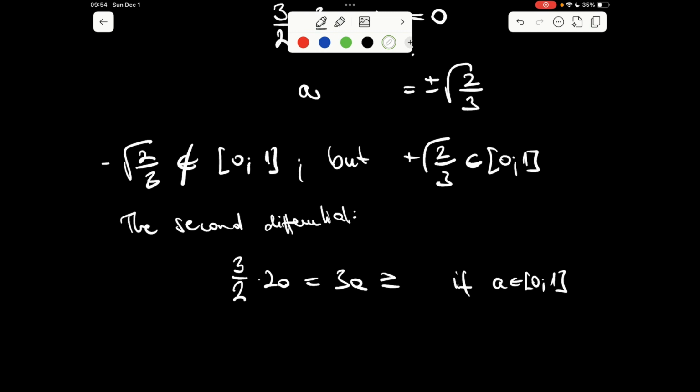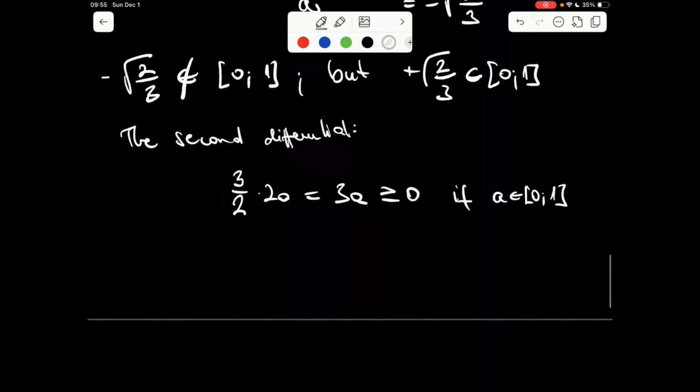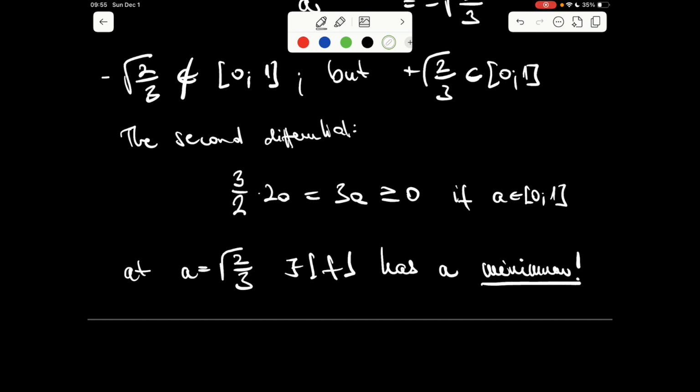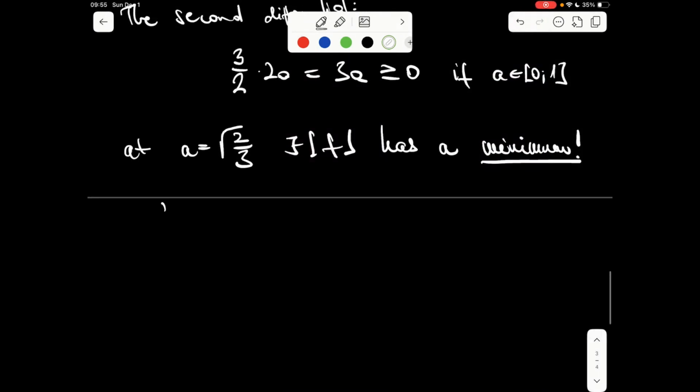So this is positive or 0, which shows that at this particular value of a, J(f) has a minimum, which means that the related function f(x) is ax.